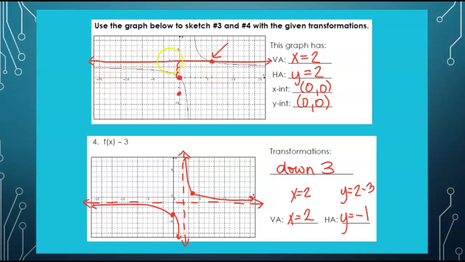So whenever this comes down and it becomes the new x-axis, my point on the x-intercept is going to have an x value of what? 6. Yeah. So I need to make sure that that's happened. 1, 2, 3, 4, 5, 6. Did that happen? Did it happen on yours? Can you go check it on yours?